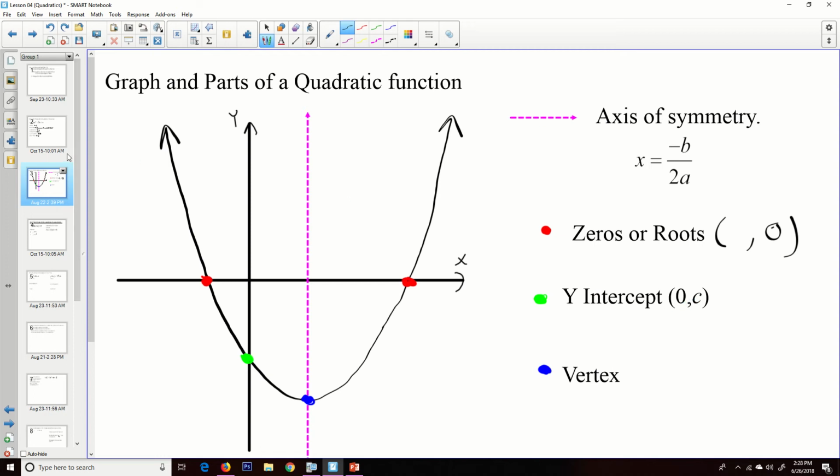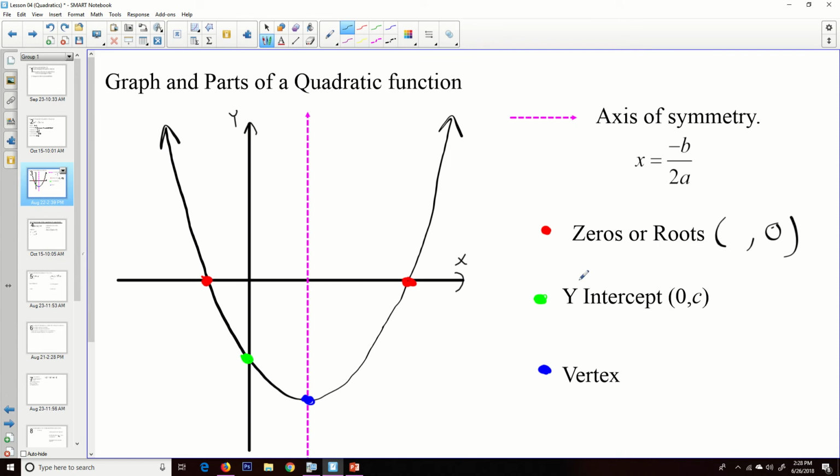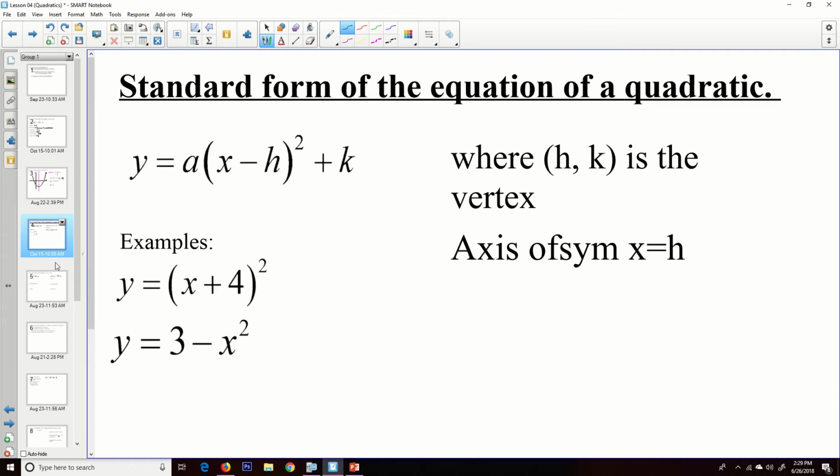If we go back to this general form of the equation, if x is 0, the first and second terms are both 0, so all that's left is just c by itself. That is why the y-intercept is at (0, c). And then the vertex is either the maximum or the minimum of the parabola.